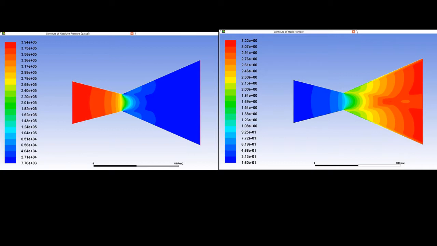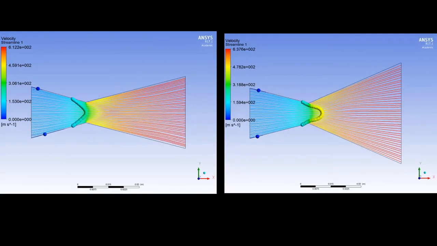The second underexpanded nozzle is slightly more idealized than the first by having a larger area. So the nozzle velocities between the first and second underexpanded nozzles can be compared here. The second nozzle had a slightly higher maximum velocity at the end, and it can be shown through this comparison.